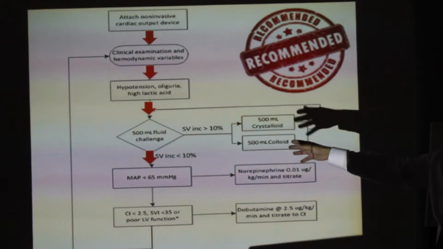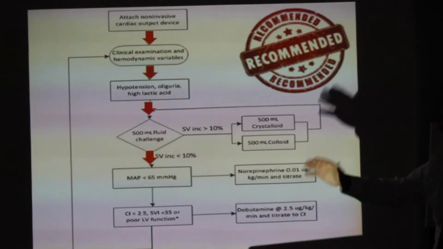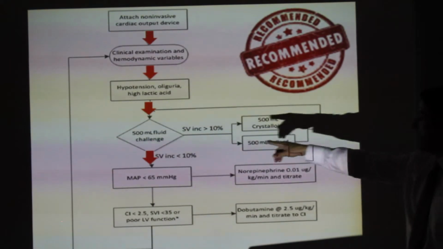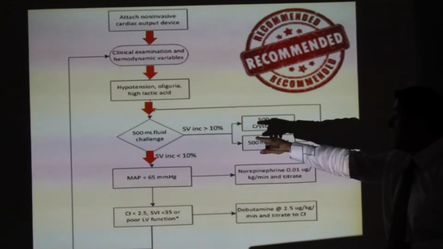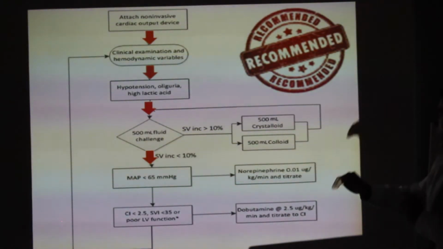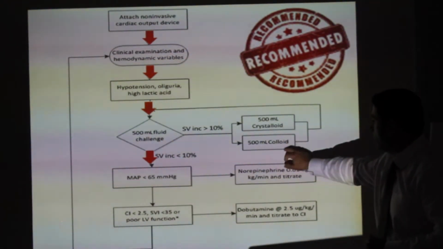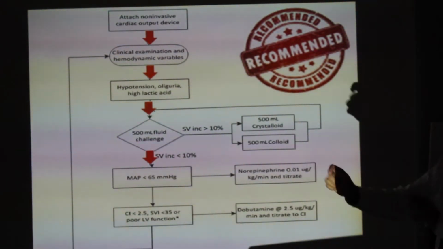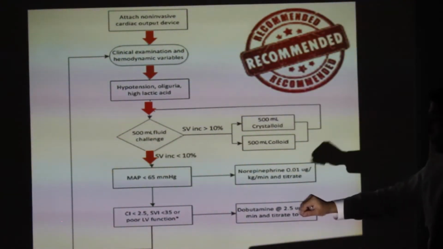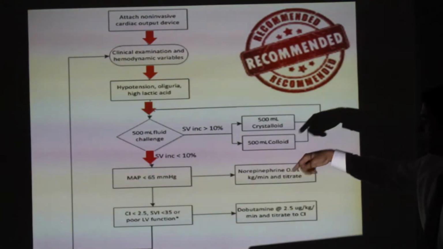They said 10% here because the cutoff is 10 to 15. If the stroke volume index increases by 10% after you give 500 of crystalloid or colloids, you can tell on the FloTrac by the stroke volume index.